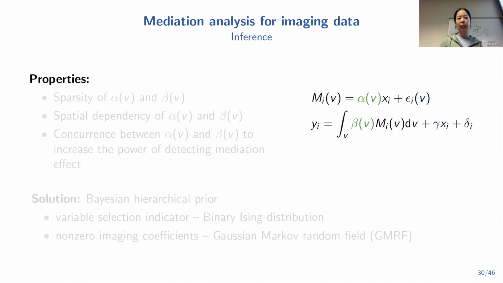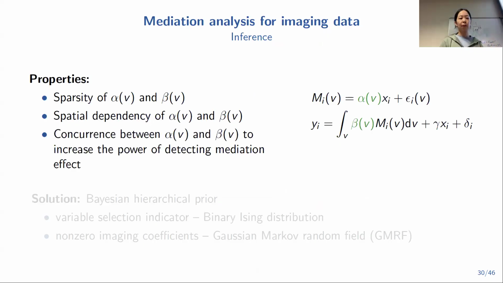The challenge here is really how we can estimate those two high dimensional parameters. So we want to propose a novel prior, one that is proper and nice. We recall what properties those coefficients are expected to have. One is they're expected to be sparse, as we said, and to have spatial dependency because they correspond to images.